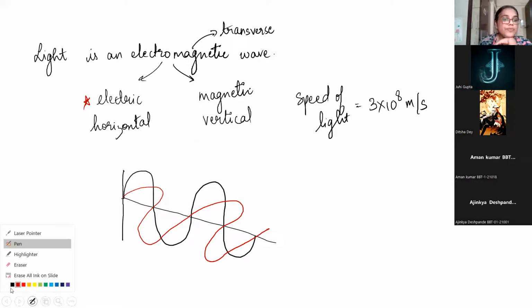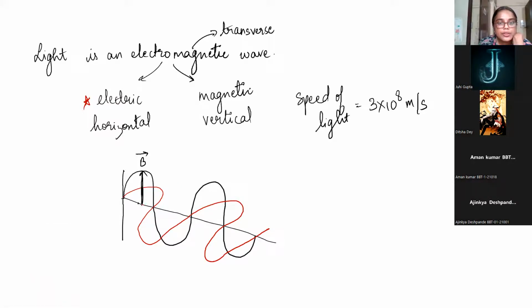So now, if I draw this and say this is the magnetic field, this is perpendicular. Again, this is the electric component. This is also perpendicular. And if you look at this, all three are perpendicular to each other.